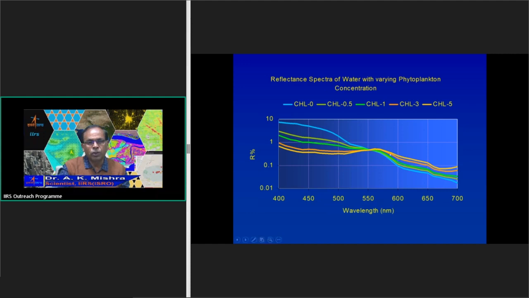So this will be helpful to find out the phytoplankton concentration in the ocean water.